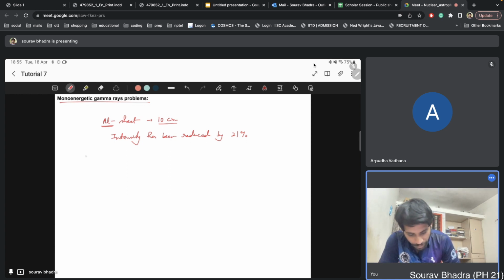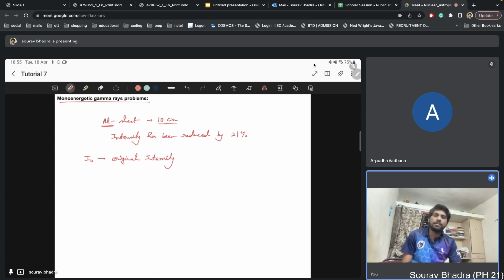So suppose for that gamma ray, I0 is your original intensity. Okay. So this is a simple problem of absorption of gamma rays by any material. In terms of application, nuclear physics application, I am telling this backing material and everything, but the problem statement is like some gamma rays are going through some matter, whatever matter that can be, and it is absorbing some of the gamma rays.